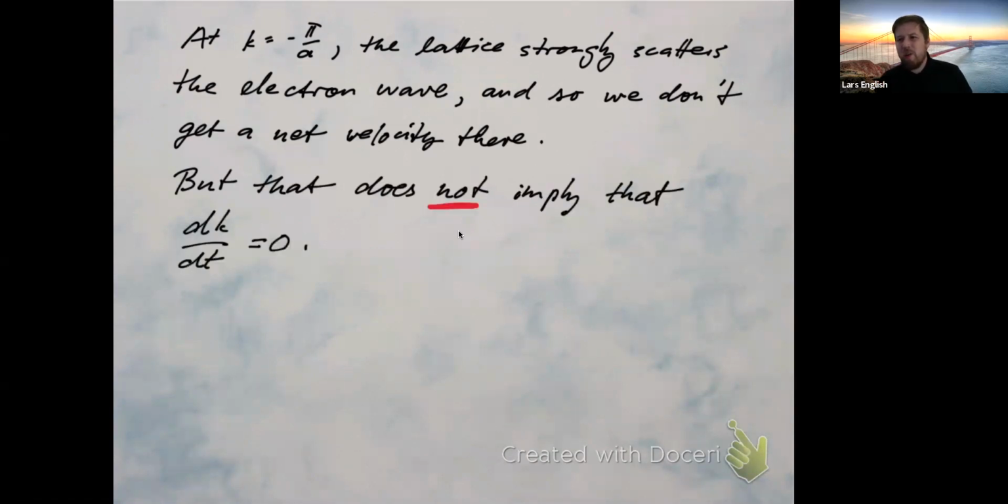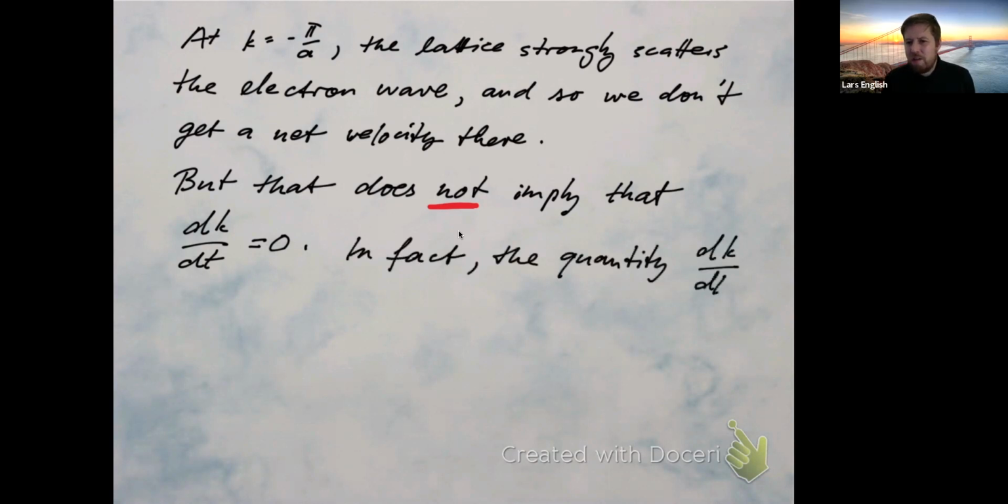It's important though to keep in mind that that does not imply that we stop marching to the left in k space. Remember, because the derivative dk/dt, or k dot, never changes at all. It's always constantly negative.